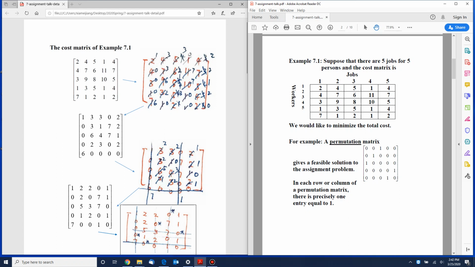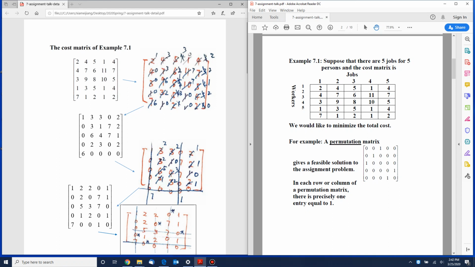You could see that the first person for the first job costs 2 units, or you say $2 or $200 or $2,000. That depends on the units, right? The first person for job 1 is 2, job 2 is 4, job 3 is 5, job 4 is 1, and job 5 is 4.